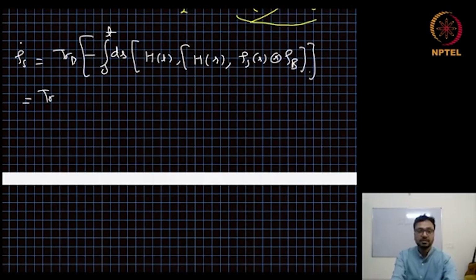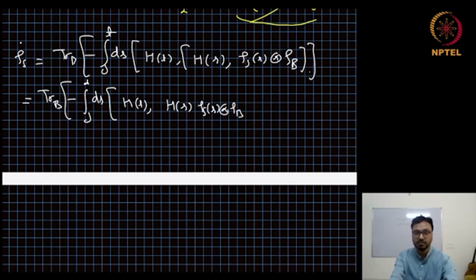We can expand it to be trace over B of minus the integral from 0 to t ds, commutator of H(t) with H_S(s) rho S(s) tensor rho B minus rho S rho B times H_S. This is at time s.